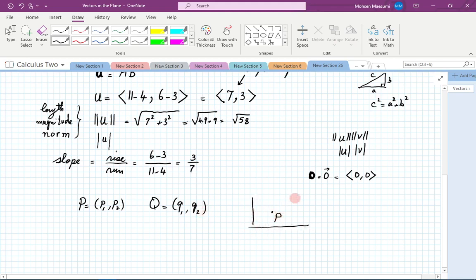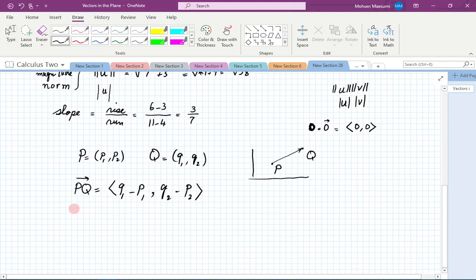This is point P, this is point Q, and we are talking about the displacement from P to Q. So PQ is going to be obtained by figuring out the displacement in the x direction. That's going to be Q1 minus P1 and Q2 minus P2.